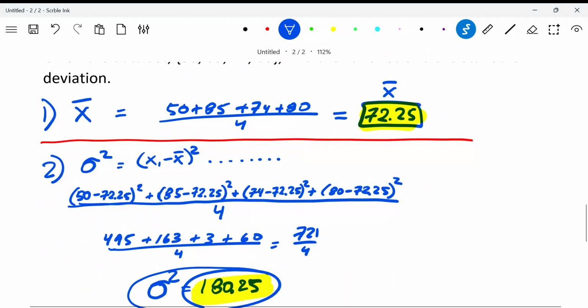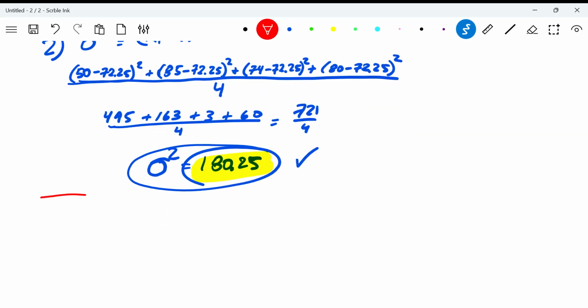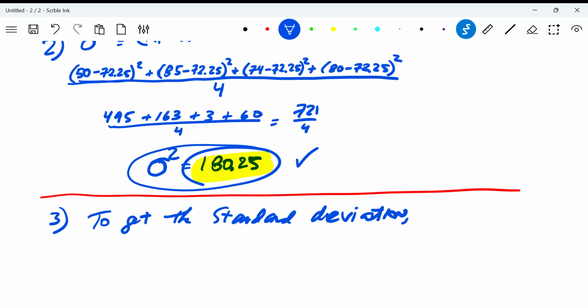So we have the mean here, and we have the variance here, and now we find the standard deviation. For the standard deviation, just take the square root of the variance.